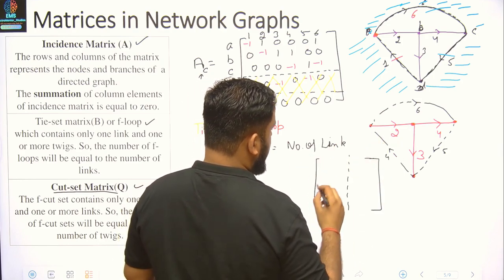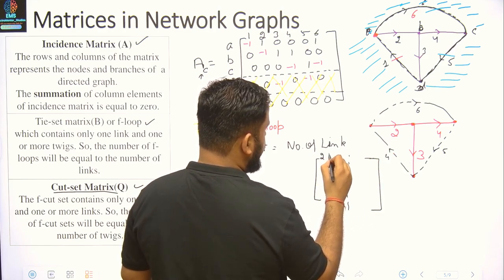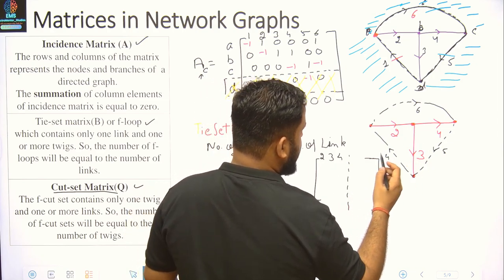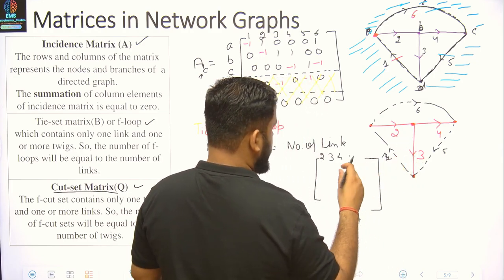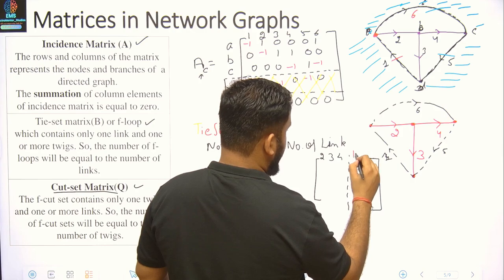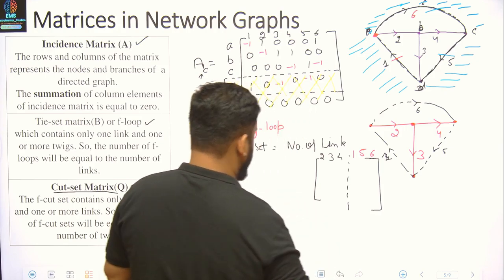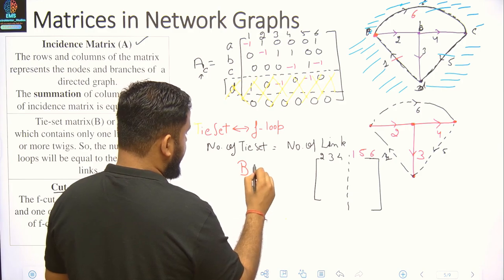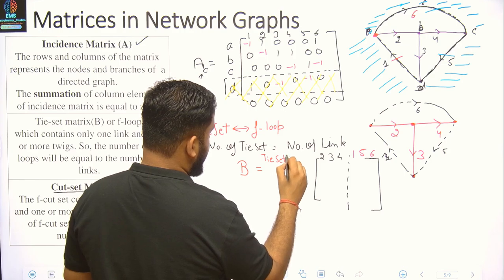Just remember, first write the twigs in increasing order, 2, 3, 4. And what are the links left out? Okay, I've labeled something wrong. This is 1, sorry. We have 1, 5, and 6. So this matrix is known as the B matrix.